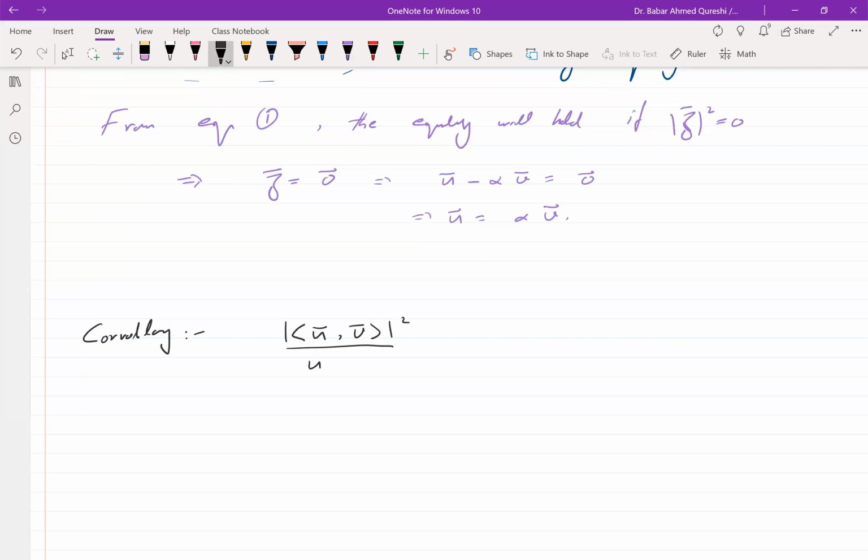The length of the vector, which is just u dotted with u and the square root, is also called the norm. So I'll be using these terms interchangeably, norm or the length of the vector. So if I bring it down, then that's what it's saying.